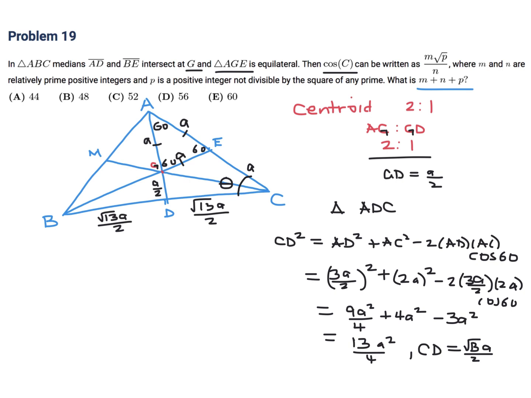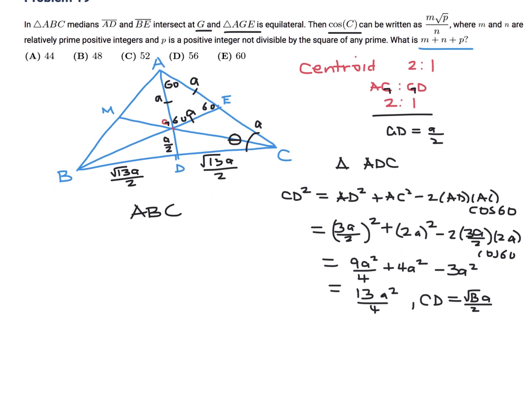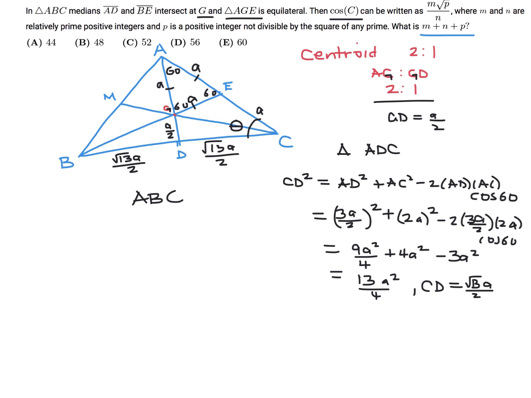So what we're going to need to do is apply the law of cosines again, but this time on ABC. So that means AB squared is equal to AC squared plus BC squared minus 2 times AC BC cos theta, or cos C, whatever you want to call it, C or theta.